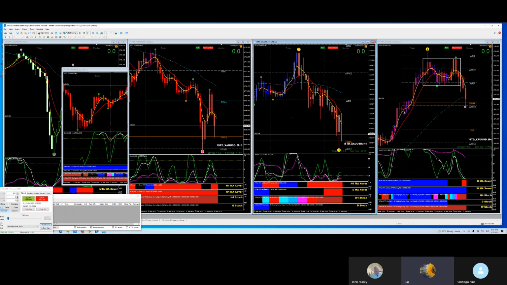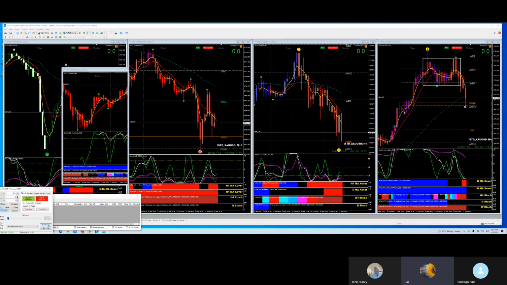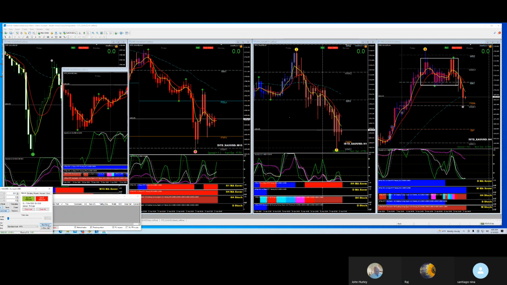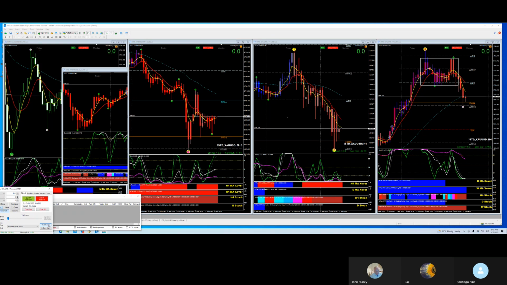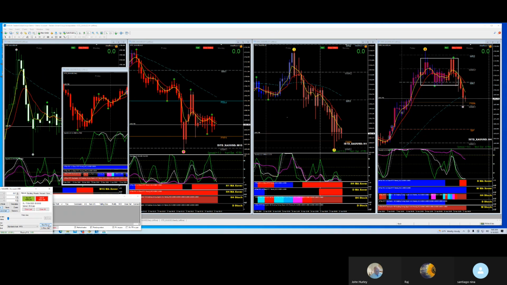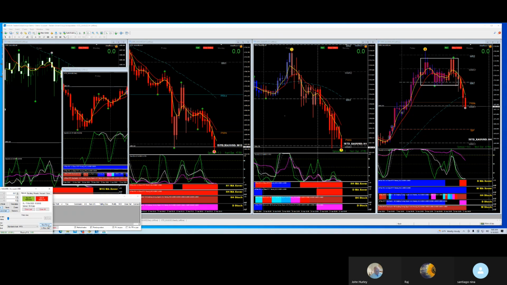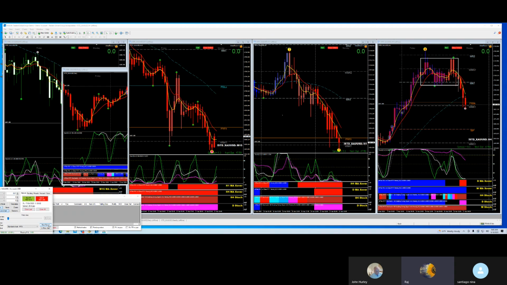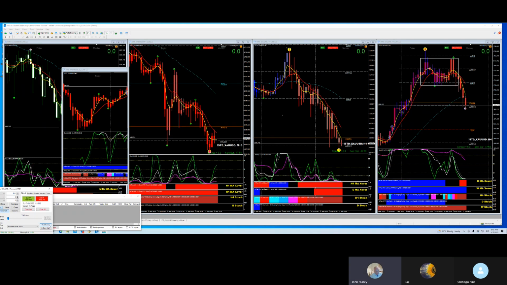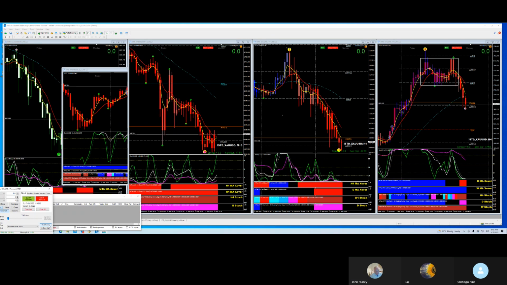Your best trade is going to come when the daily turns. There it is. There it is. So the daily is trying to come out.